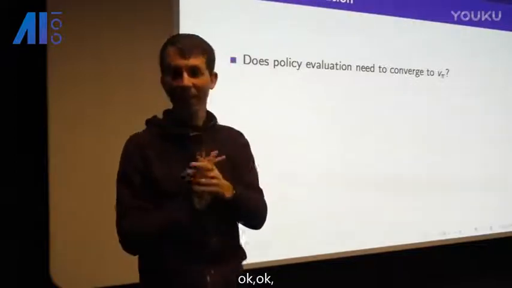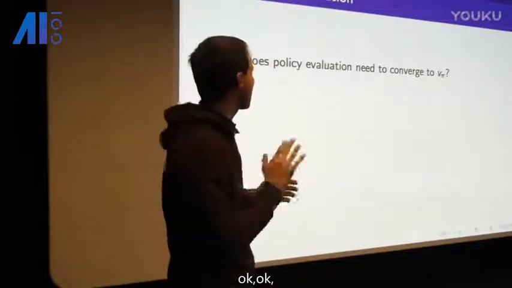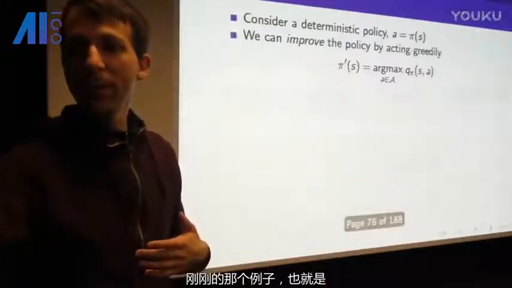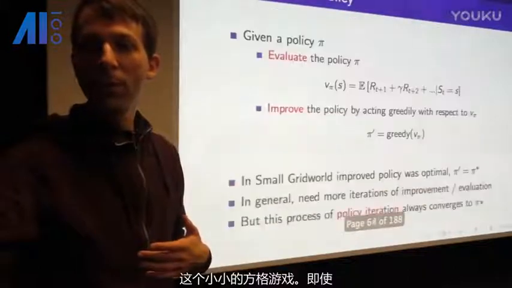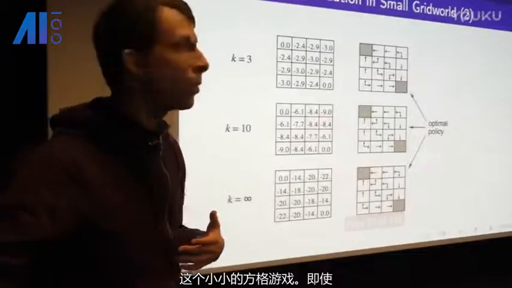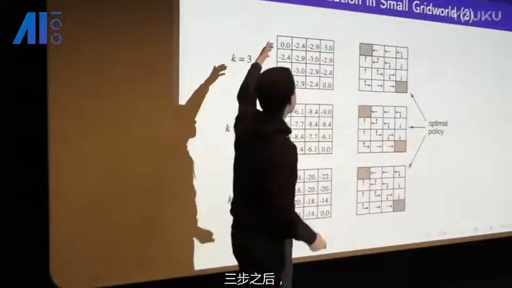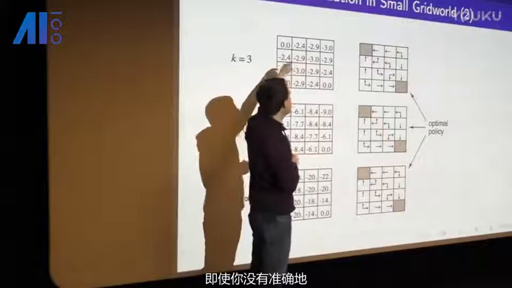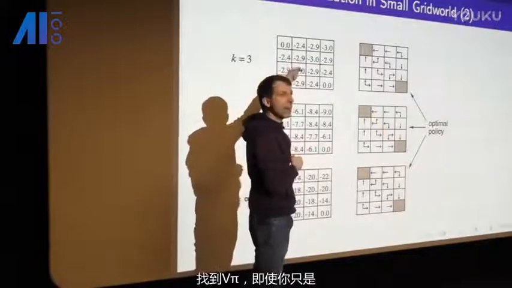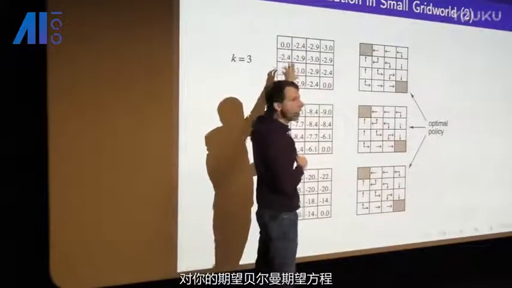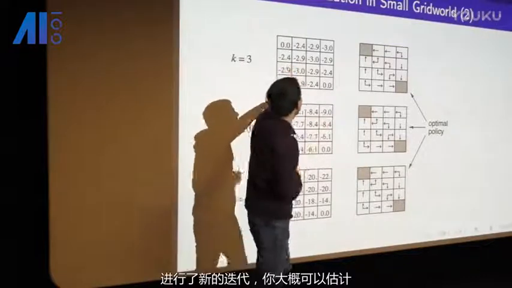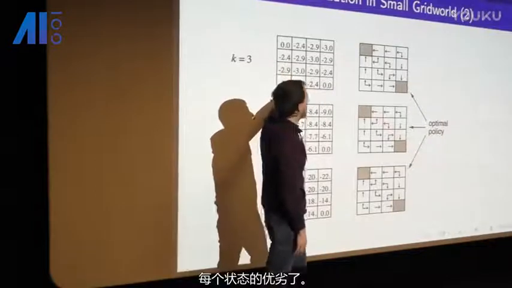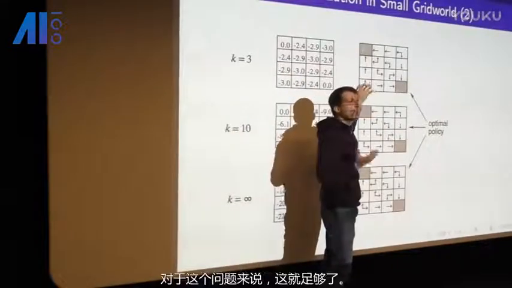Okay? So there was a great question there. If we go back to our example of the small grid world, we saw that even after doing a very approximate job of figuring out the value of our policy, so even if you didn't figure out exactly your V pi, even if you just did a few iterations of your Bellman expectation equation, you got some very crude estimate of how good each state is, and acting greedily with respect to that was already enough in this problem.